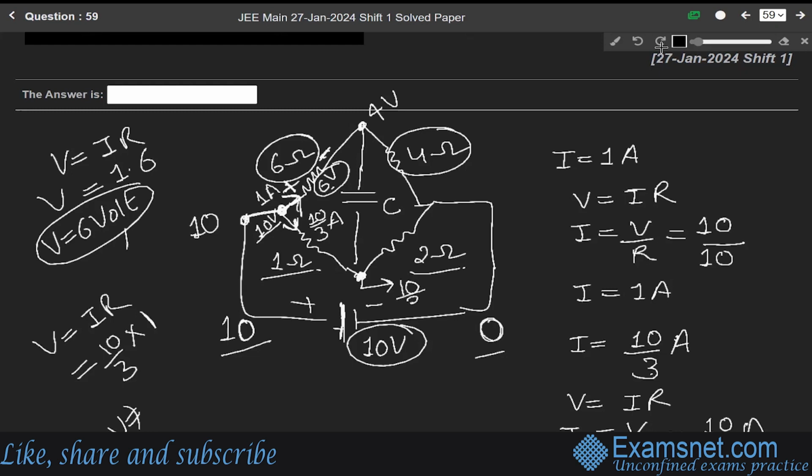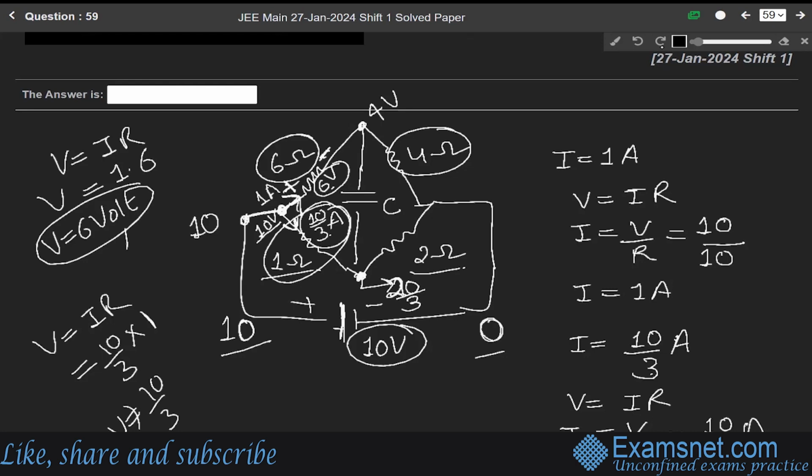Now solving this, across this resistor the voltage will be 10 by 3. If across the resistor voltage is 10 by 3, then at this point it will be 20 by 3. Okay. So the difference will come 10 by 3.